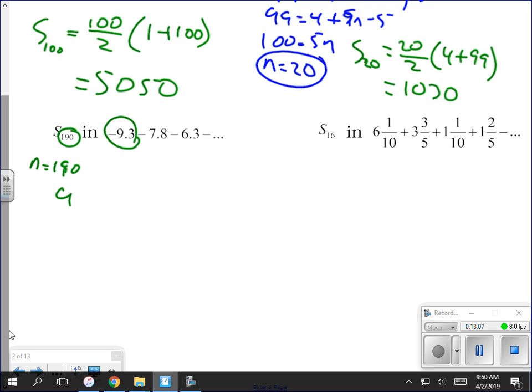The 190th term is equal to negative 9.3 plus 190 minus 1 times d. And to find d, we take one of the numbers and subtract the one before it. So negative 6.3 minus negative 7.8, and you get 1.5.